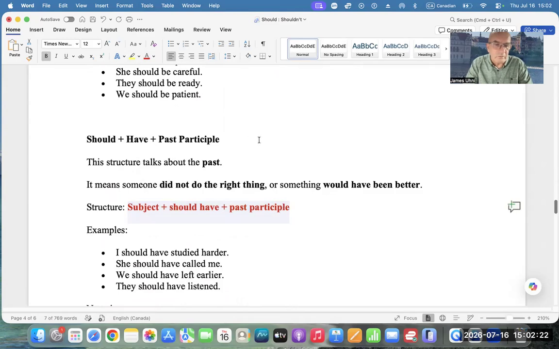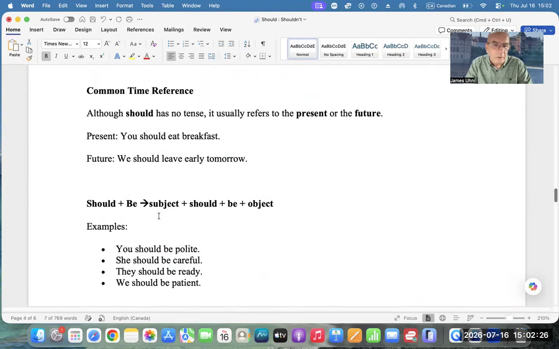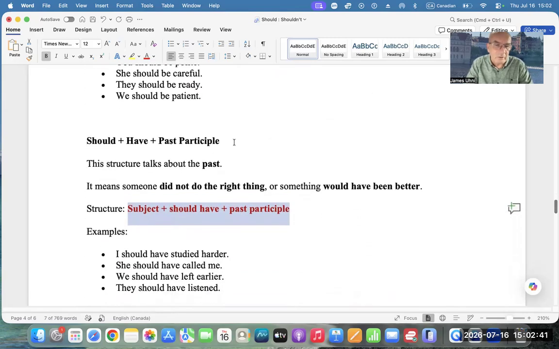Okay, it's very important. Here we have no tense, although should has no tense. See that? It usually refers to the present or to the future. But now we have past participles, so it's about the past.